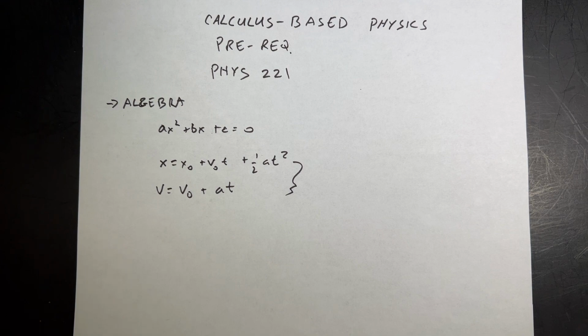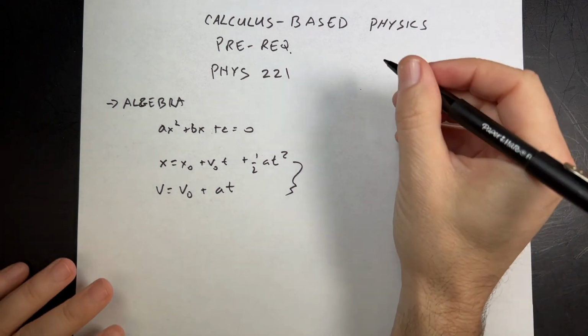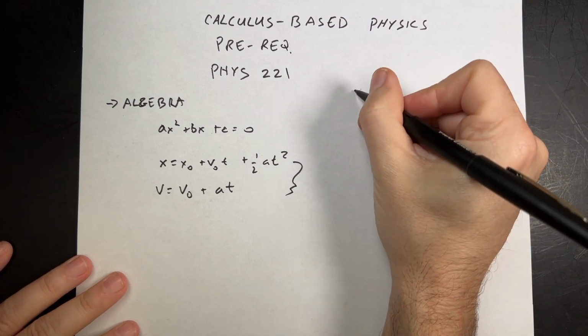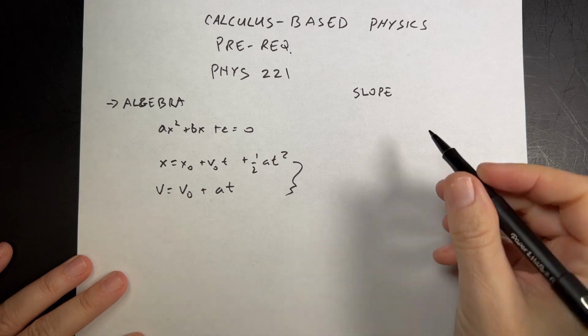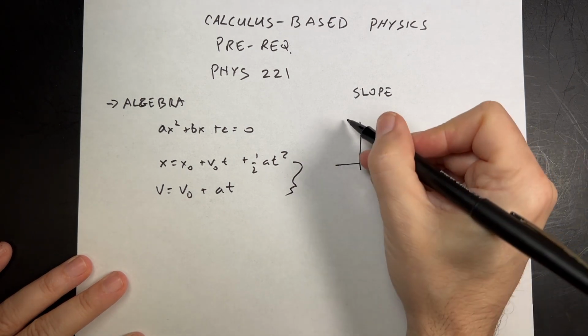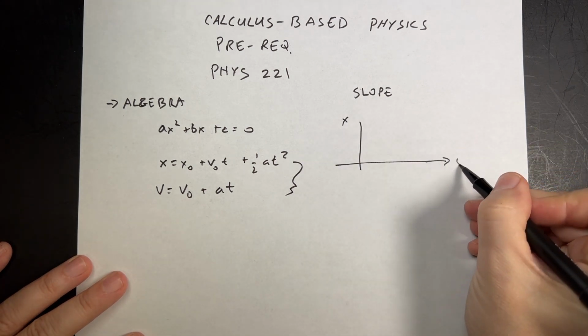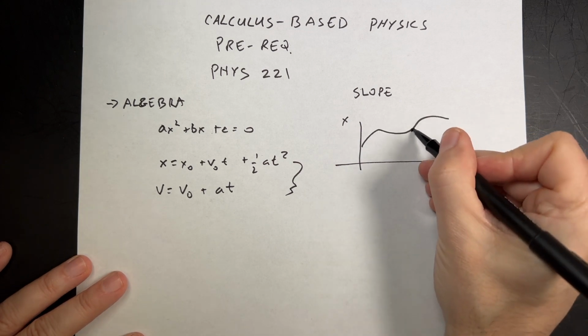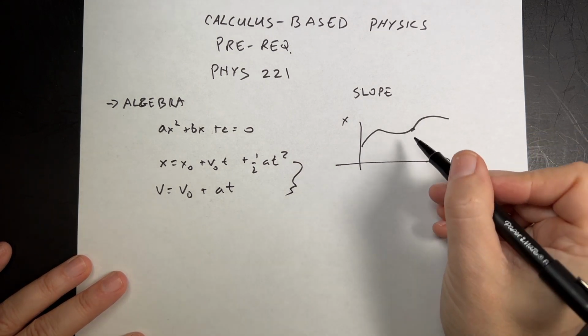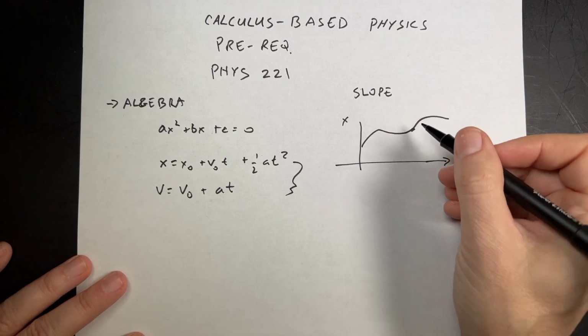The other thing that comes up, and I think it's important, I hate to say it, is slope. If I have a graph of position versus time, and say the function looks like this, how would I find the slope right there at that point? Well, there's actually two ways you can do that.